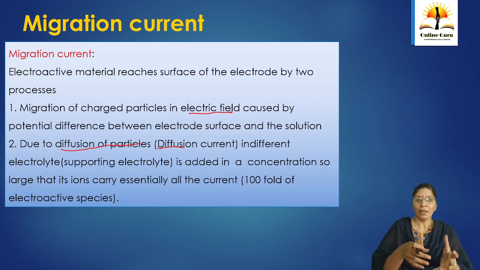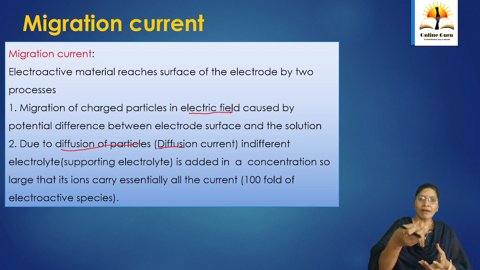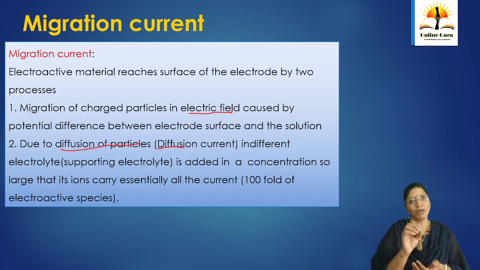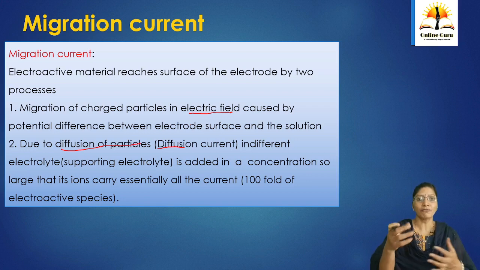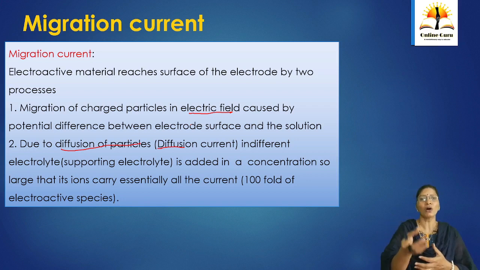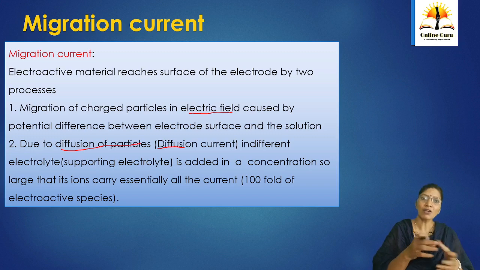When the applied potential reaches the magnitude of the decomposition potential of the analyte, it is the same way you are called up from your rush. If your teacher comes in front of you and calls your name and there is a large rush, what happens? You make a way and move towards the teacher. So the same process is happening.